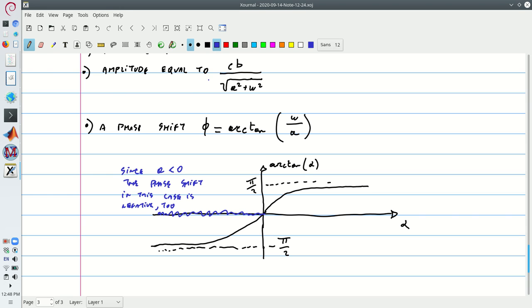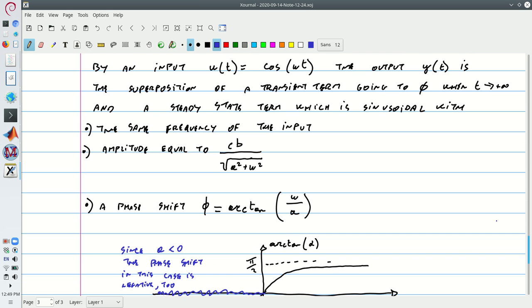It's not always going to be the case that the phase shift is going to be negative, and it's not always going to be the case that the amplitude gets smaller and smaller if you increase the frequency. We are going to see this very clearly with second order systems. In the case of first order systems, yeah, that's actually true. We have that this amplitude here is going to be smaller and smaller.